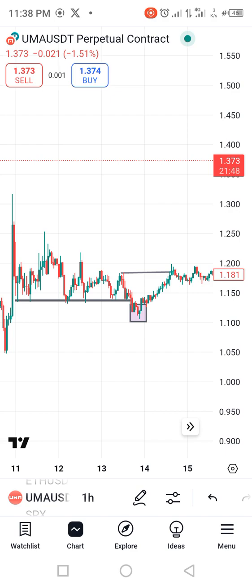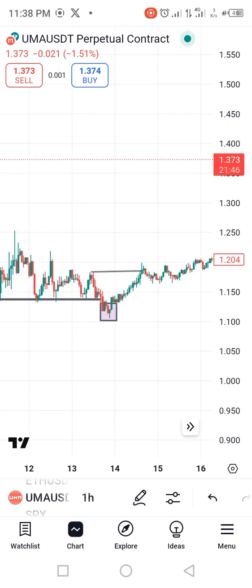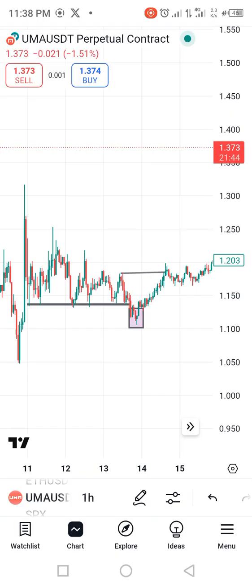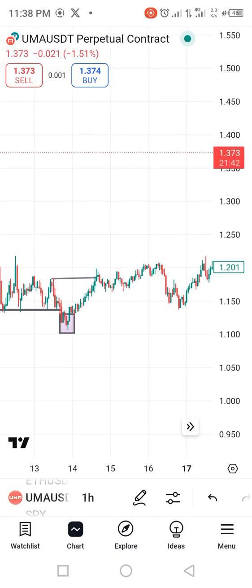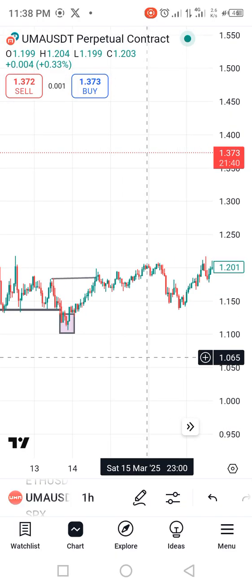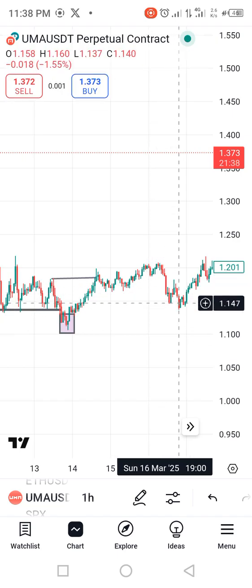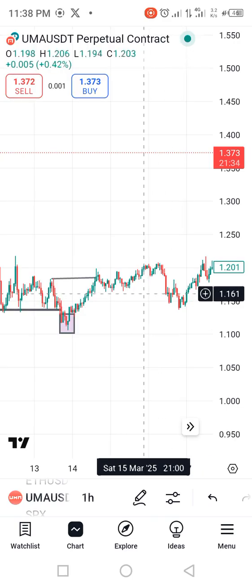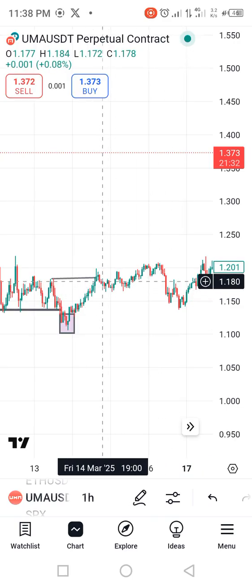What you have to do next is to wait for price to retrace down, just like this. Sometimes it retraces down. Sometimes it may not even retrace down.